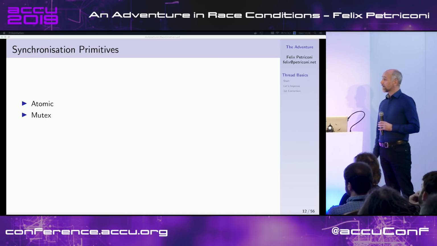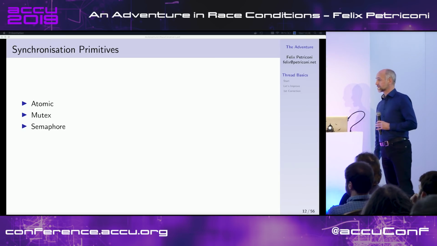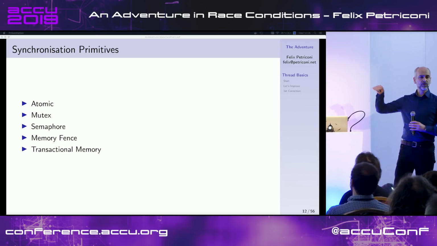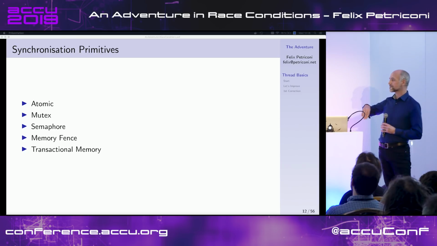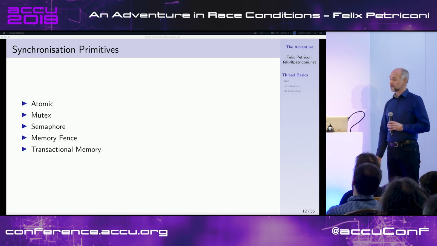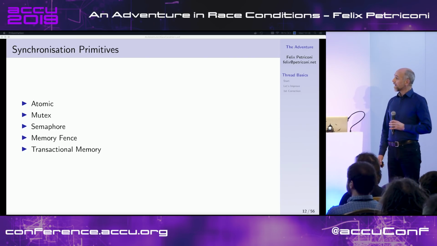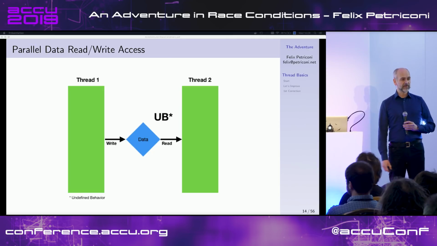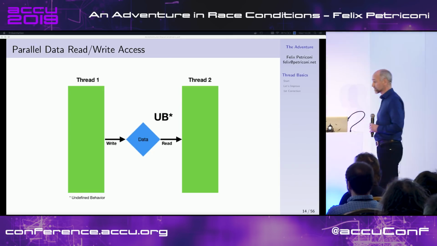We have acquired some of them: atomic, mutex, some memory fences, and transactional memory. Okay, transactional memory we don't have so far in the language of C++, but it might be that we get it in the future. And so if you write and read at the same time, you get undefined behavior. And I'll give you some examples of this.